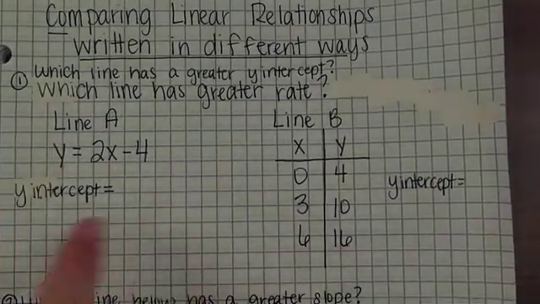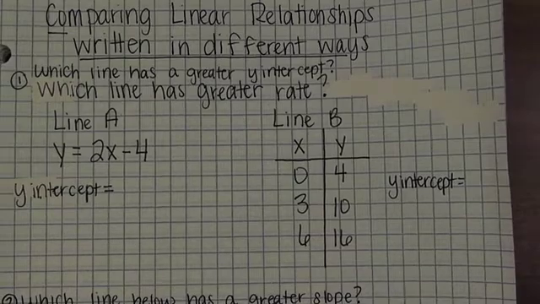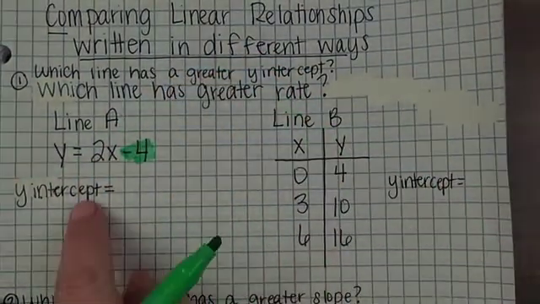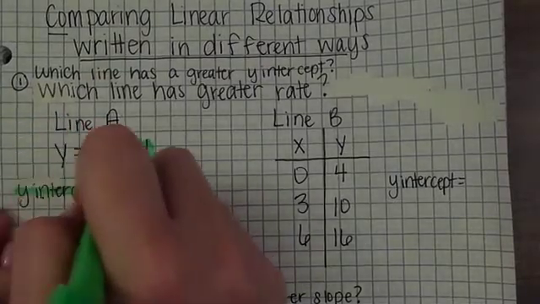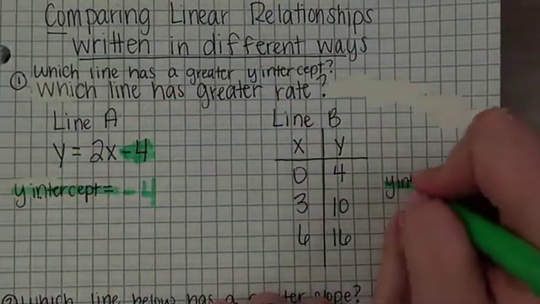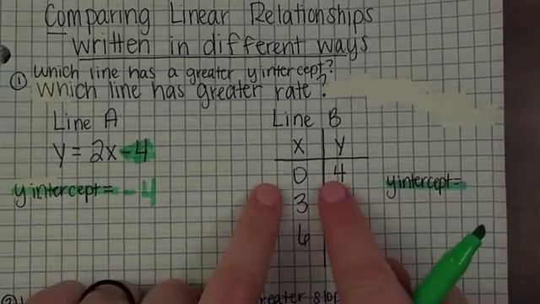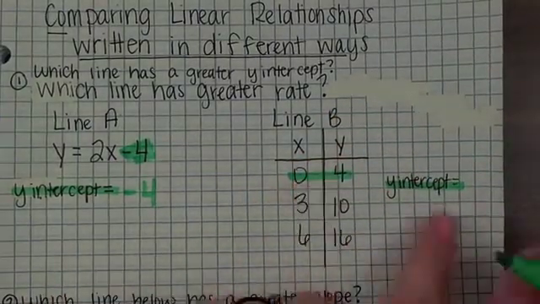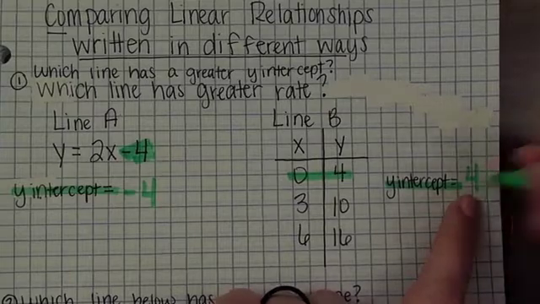Remember, if you're looking at an equation, the y-intercept is the part adding or subtracting at the end. So in this problem, the y-intercept would be -4. In this problem, when you're looking at a table, the y-intercept is when x equals 0. So the y-intercept on this one would be +4.